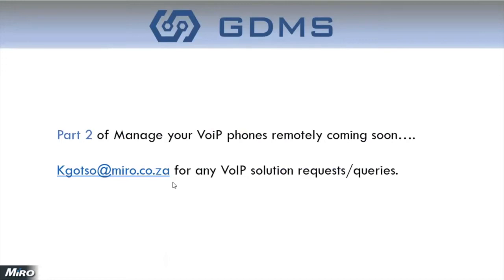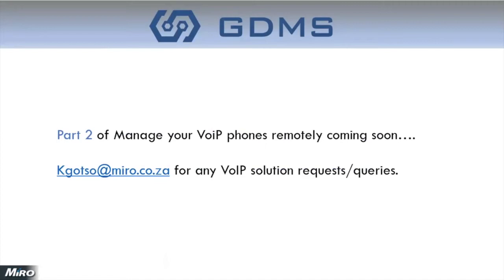So now I'm going to switch my screen over to our GDMS that I have opened up, just to give you a nice brief run through of what exactly we deal with when we say we are dealing with GDMS.